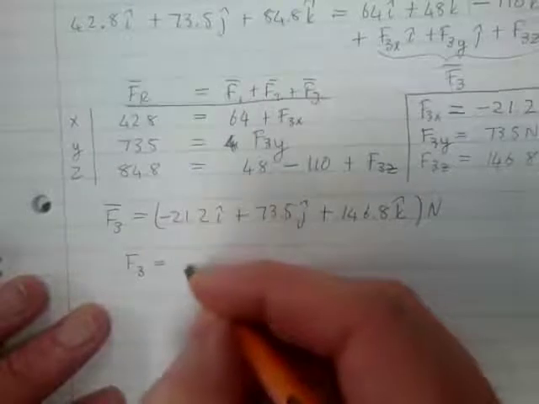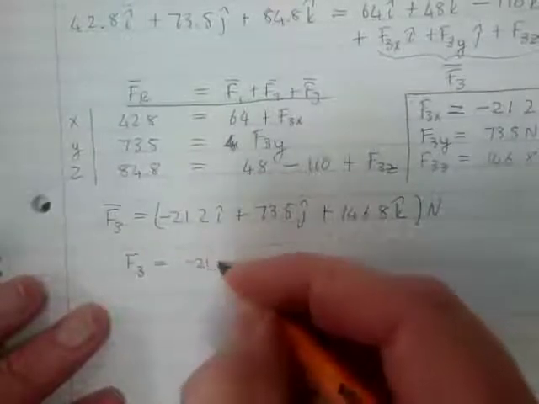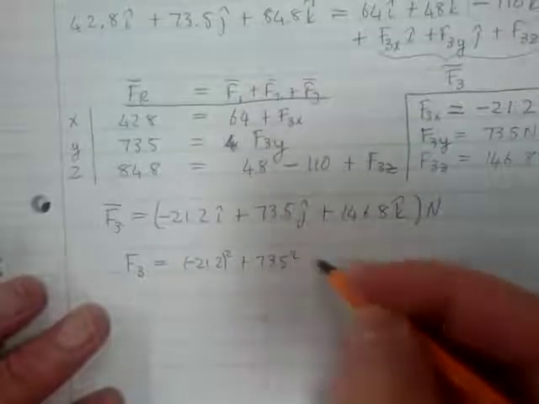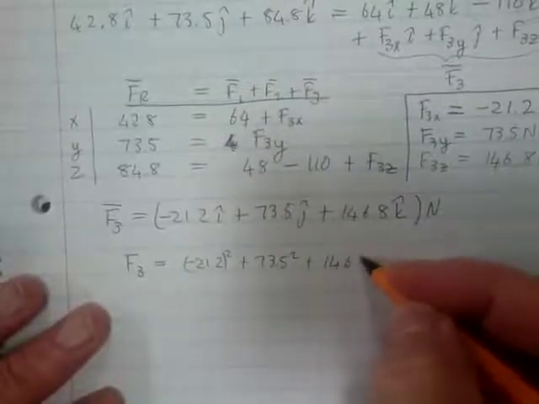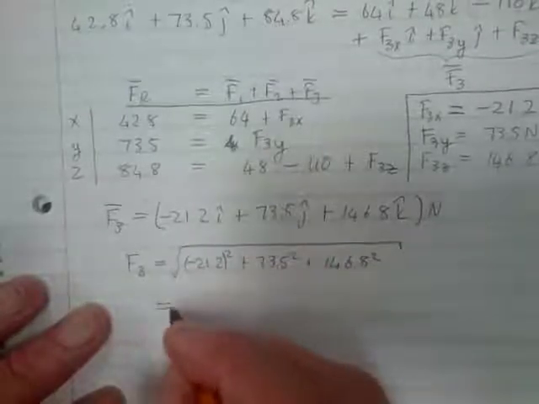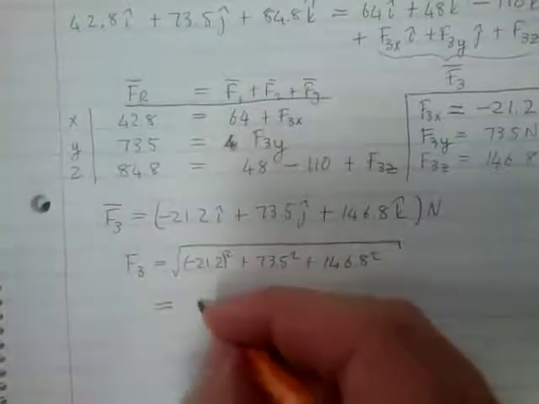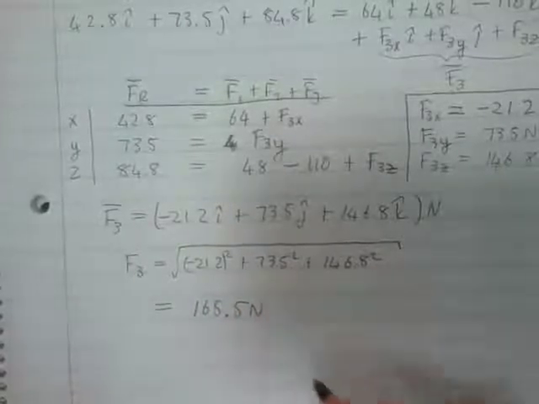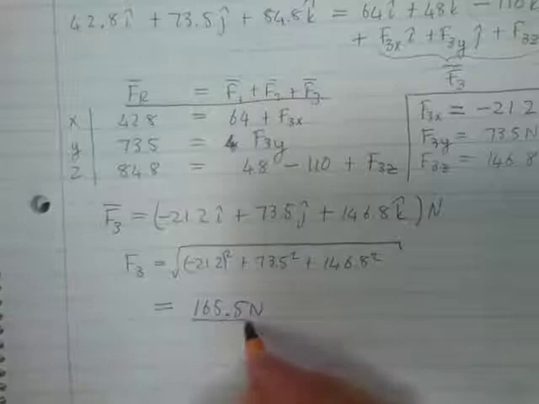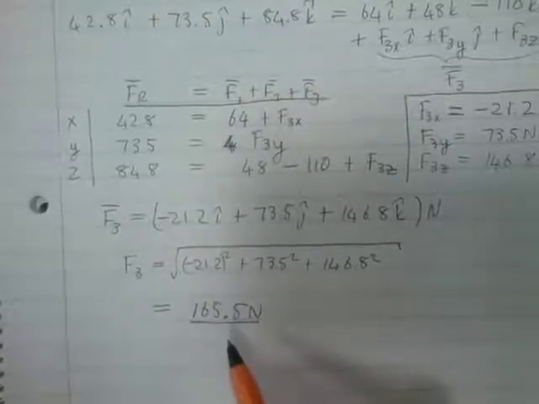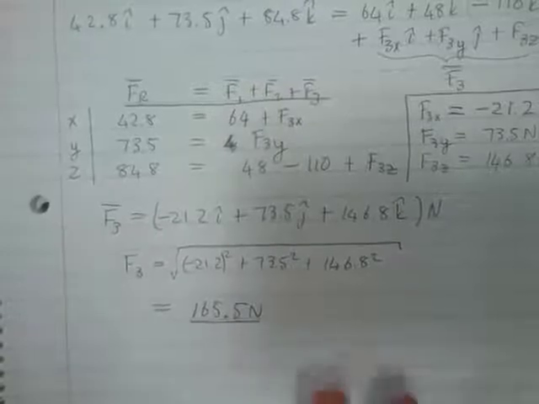F3 is equal to the square root of minus 21,2 squared plus 73,5 squared plus 146,8 squared. That gives us 165,5 Newton. I'm just going to use this value in the rest of the calculations.